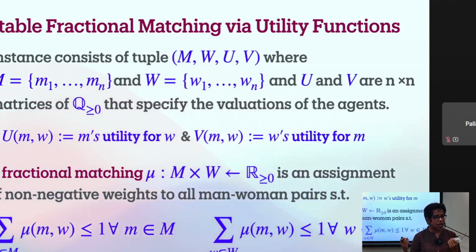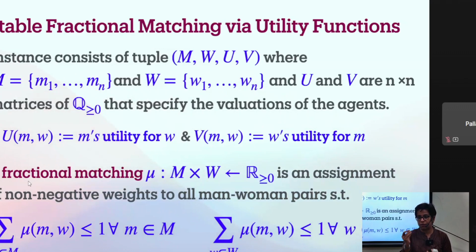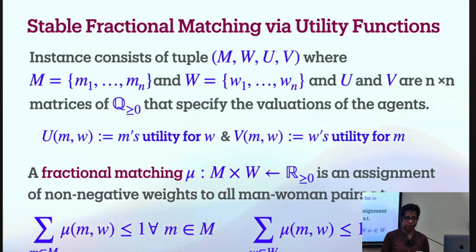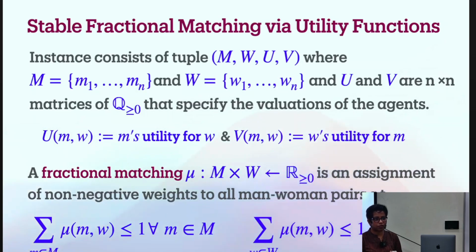utilitarian setting, where every individual gives a value to a potential partner. A high value means high desirability. So if I looked at the rank preference and say that the person sitting at the top position gets from me the highest assignment, let's say the length of my preference list n, and the second person gets n minus 1, n minus 2, then from the ordinal preference list you are inferring a utilitarian preference profile.